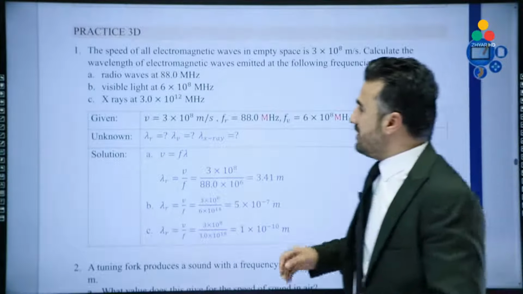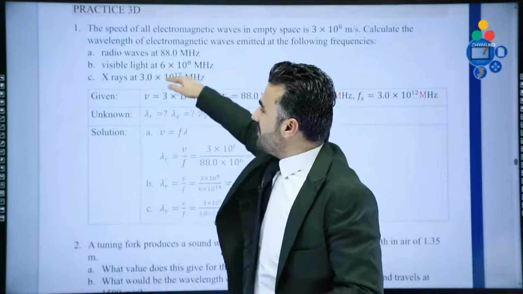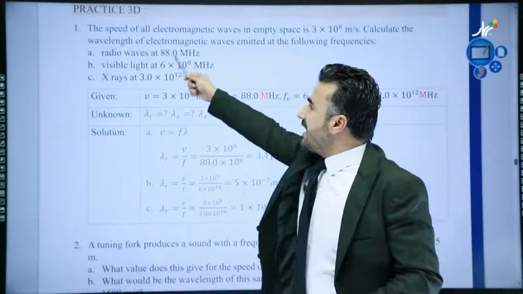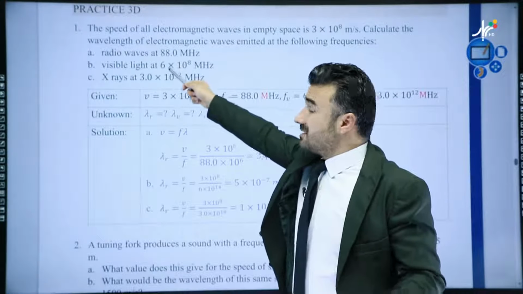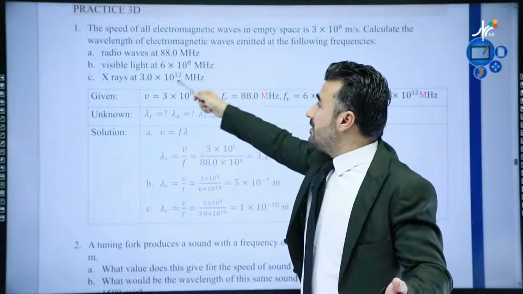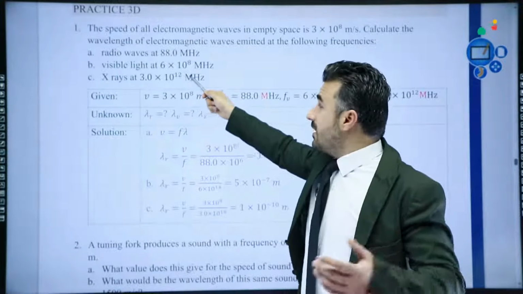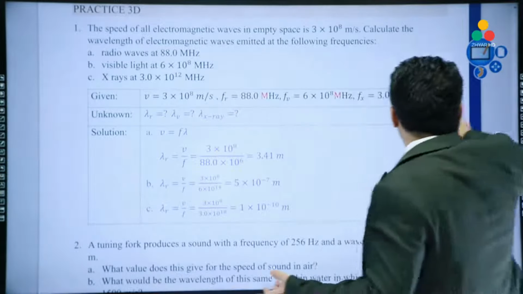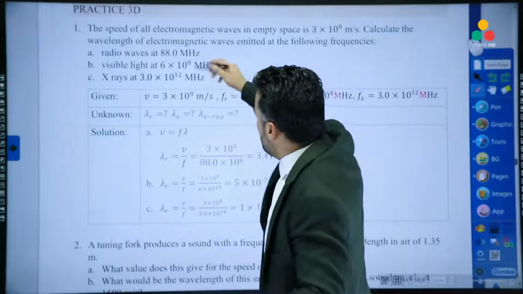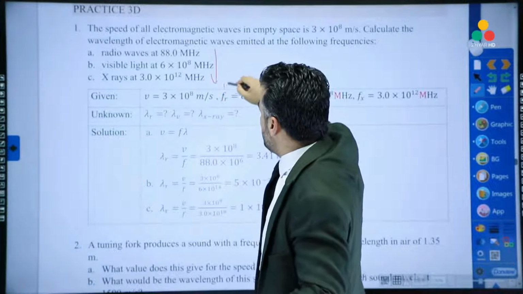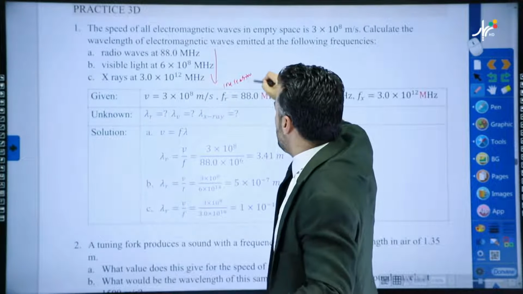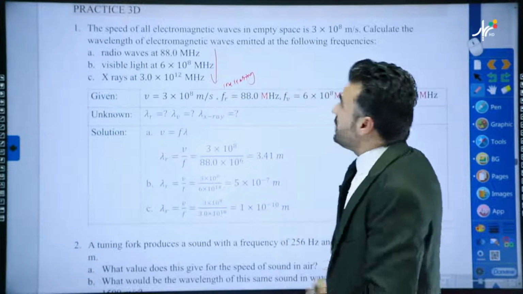By the way, do you notice this? As the frequency increases, what happens to the wavelength here? Okay, take a look. 88 megahertz, you can see that 6 times this much times the mega, all right? And then 3 times 10 to the power 12 times mega. So we can see that as the frequency increases, the wavelength is decreasing.